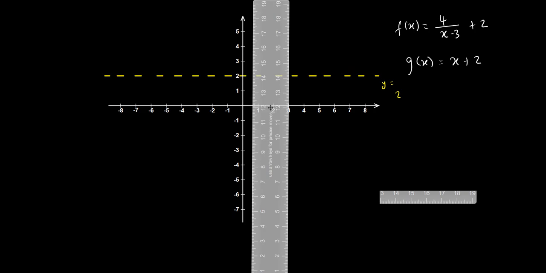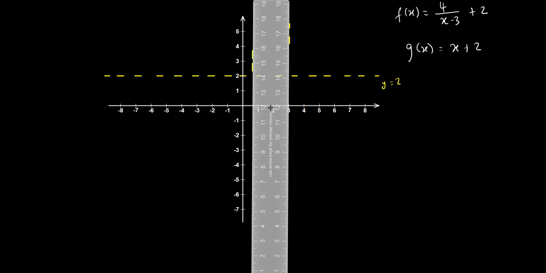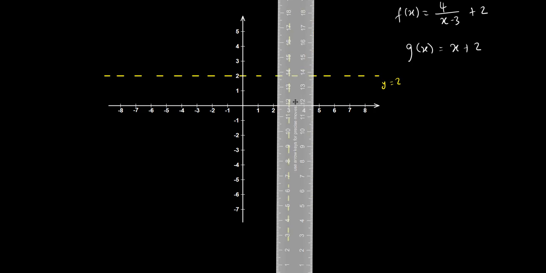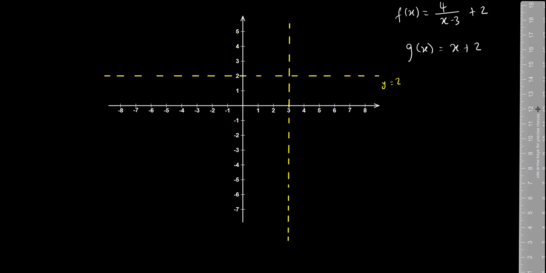Then let me use this one. Oh, it's drawing on the wrong side. Okay. Nice. So now, what are we going to have? We have x is equal to 3 as our vertical asymptote.